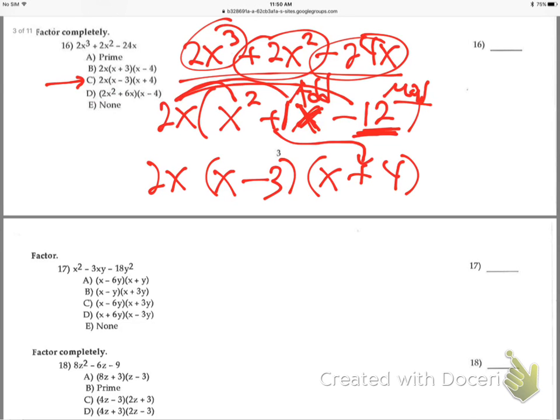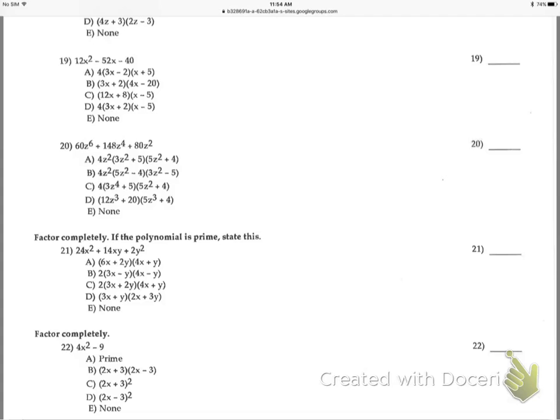Is that good? Let's start with 19. Let's do 19 first, then we'll do 20. So try 19.